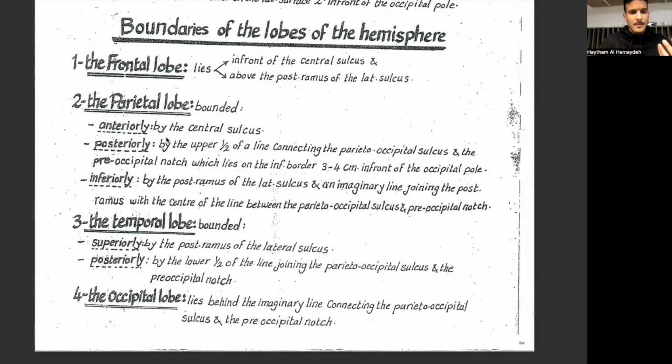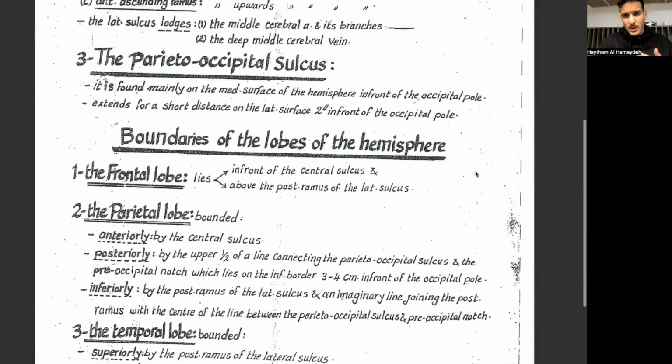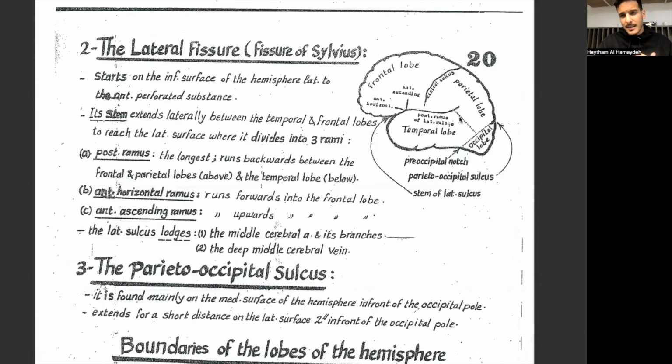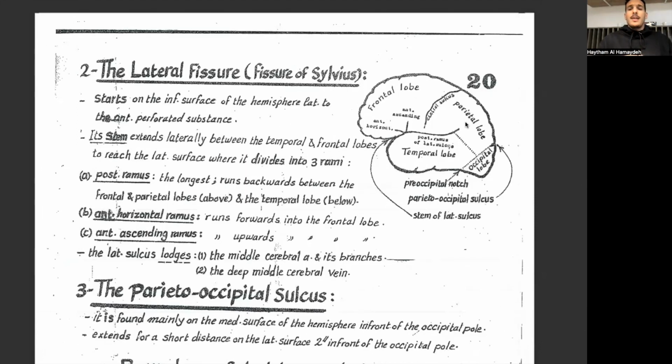Now, anteriorly, it is bounded by the central sulcus, easy. Posteriorly, by the upper half of the line connecting the parieto-occipital sulcus and the pre-occipital notch, which lies on the inferior border 3 centimeters in front of the occipital pole. So it was here actually. So you see that there isn't a clear boundary that separates the parietal lobe from the occipital lobe, and it's called the parieto-occipital sulcus.